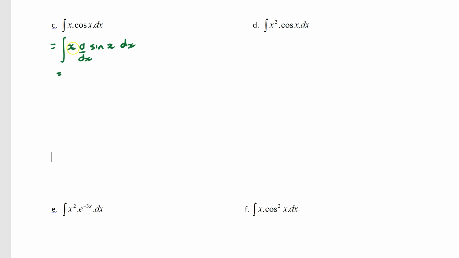So that will become uv, which is x sine x, minus the integral of v du. So that's the differential of x, which is of course just 1.